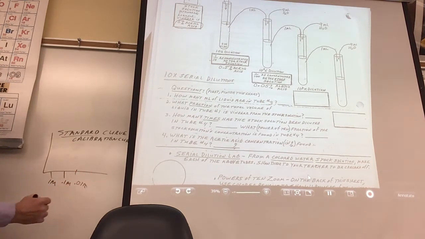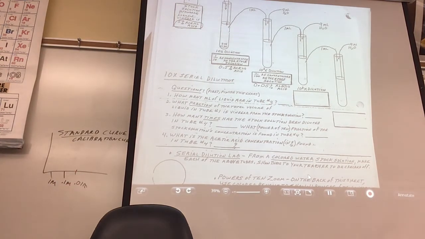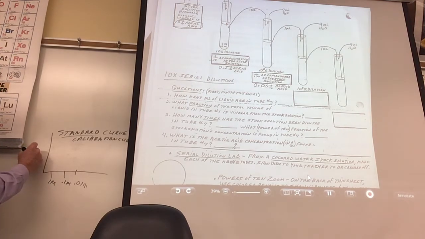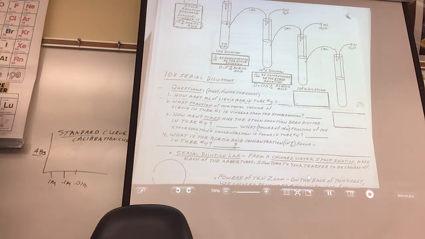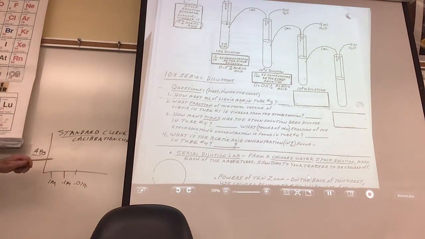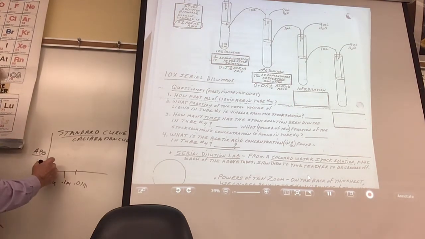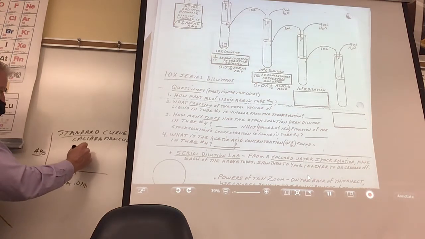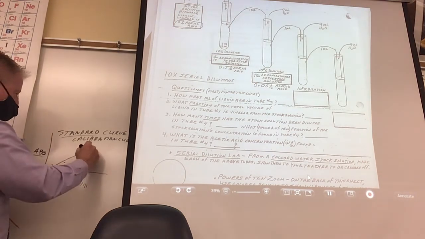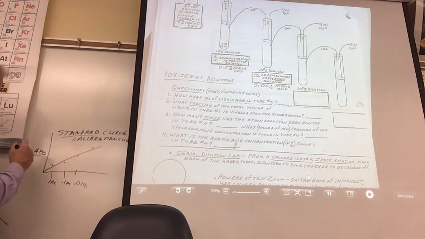And then we'd ask, what is the absorption amount? How much light is being absorbed? So I made these solutions, and you might get something like this. Let's pretend that it happens to be this. This is my best fit line.